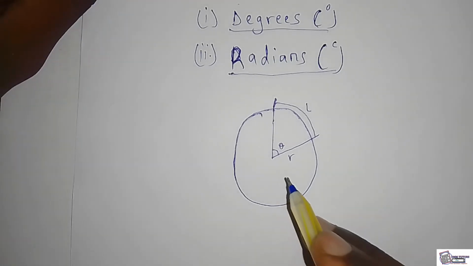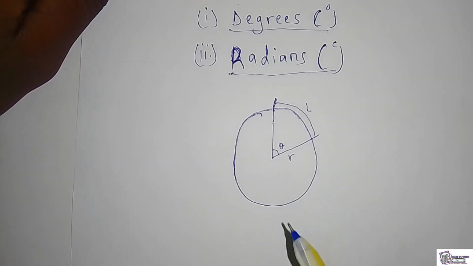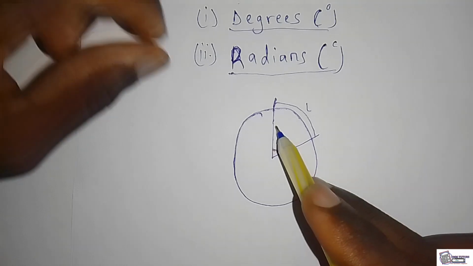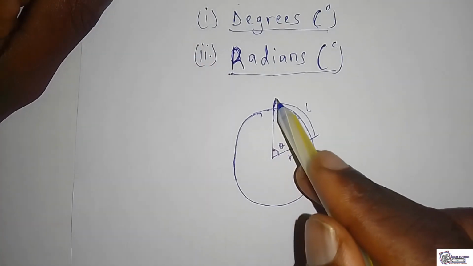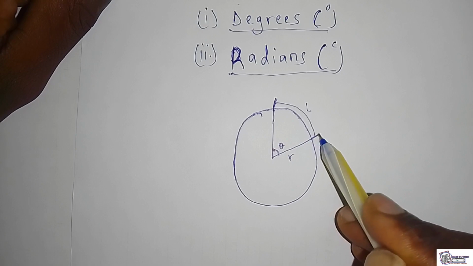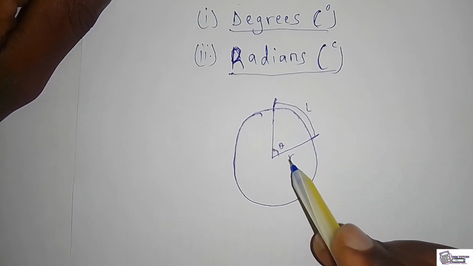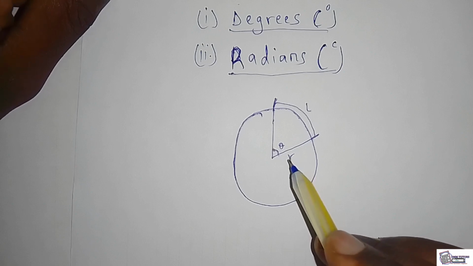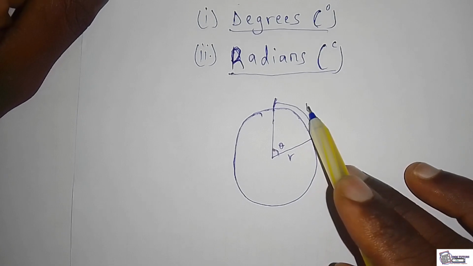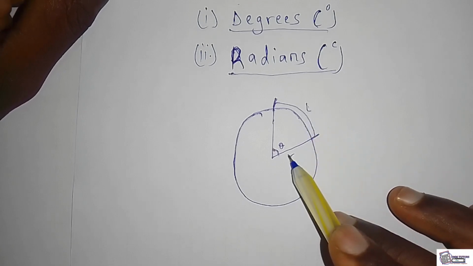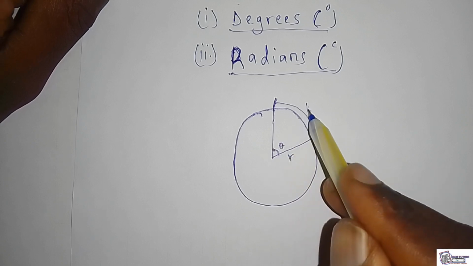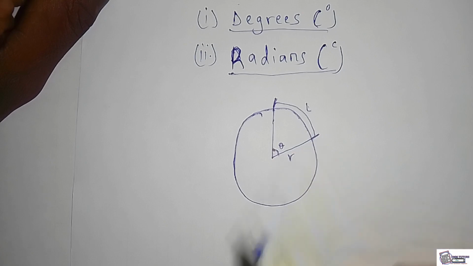So first, I want us to consider this section of a circle where we have an angle theta subtended by an arc length L, and this is a circle of radius given as R. So when this arc length is equal to the radius of this circle, then the angle subtended by this arc equals 1 radian.